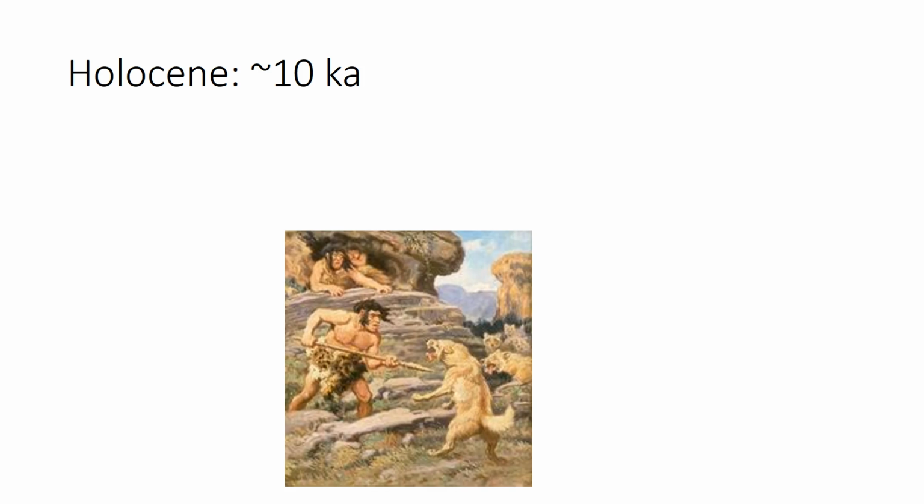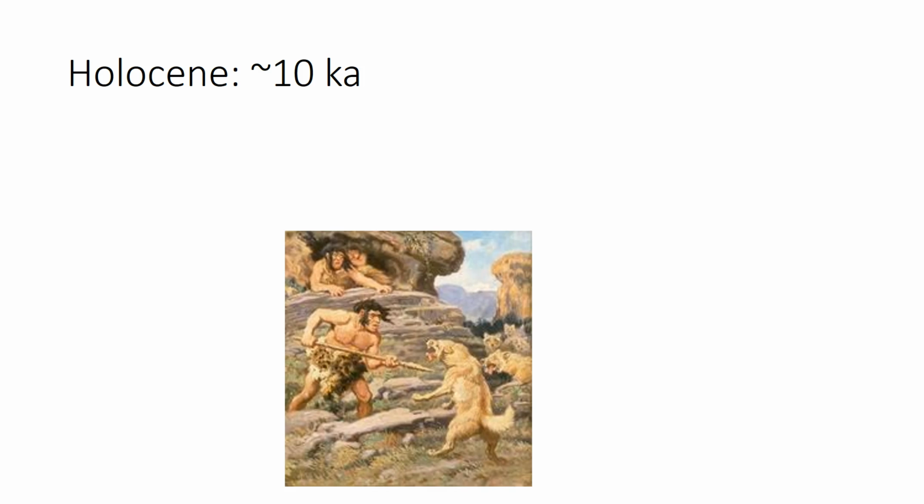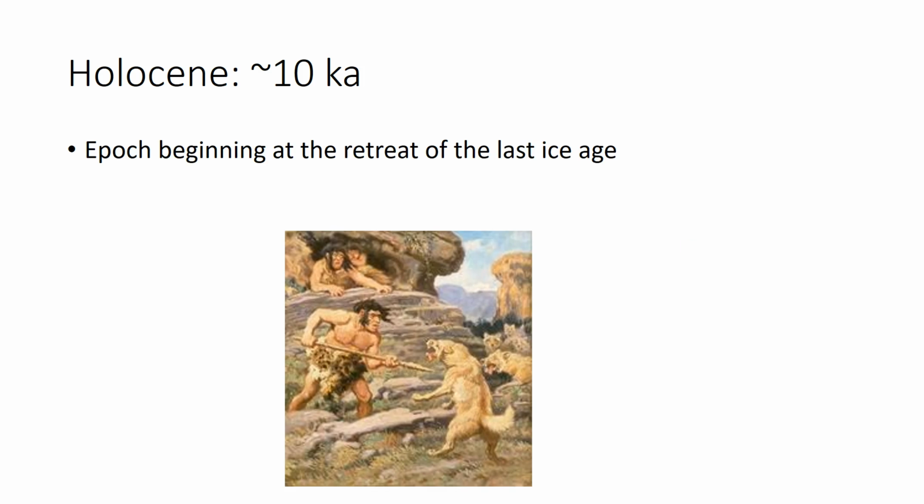So about 10,000 years ago, roughly, we began what's called the Holocene time period, okay? And during the Holocene, this is essentially where the retreat of the last ice age occurs, okay?